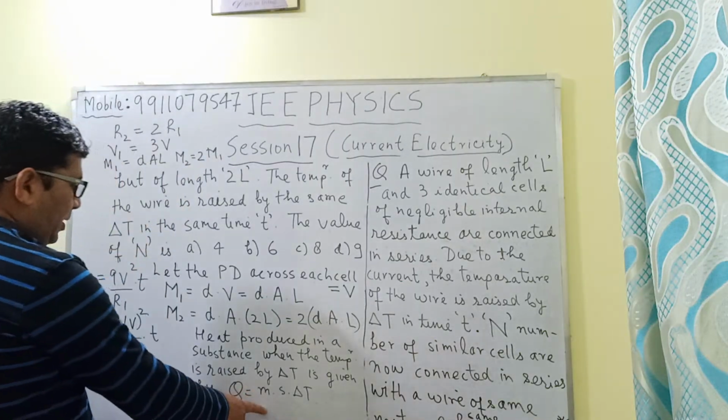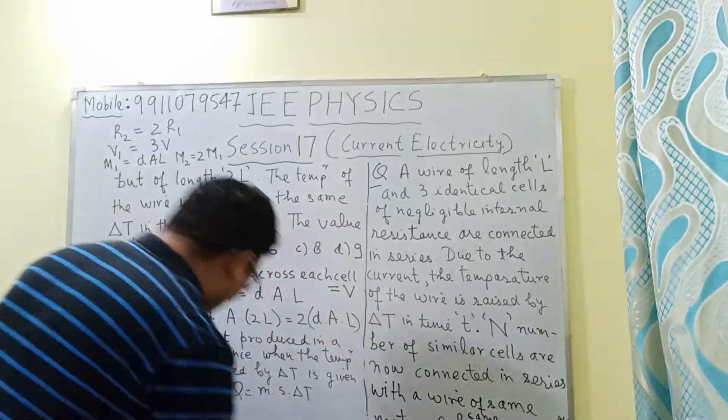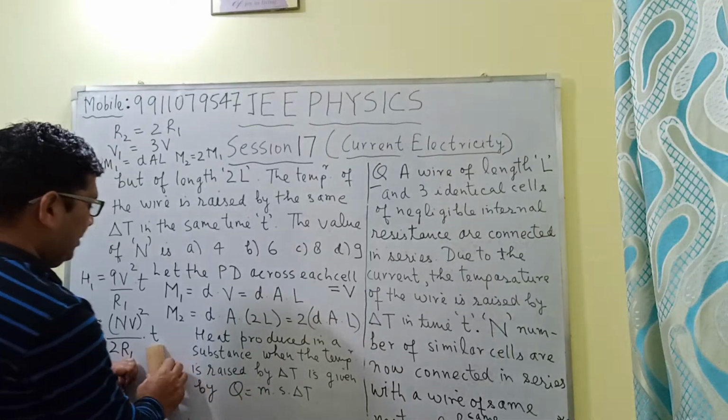So I will be using this formula in order to solve this question. That is Q is equal to M S delta T.